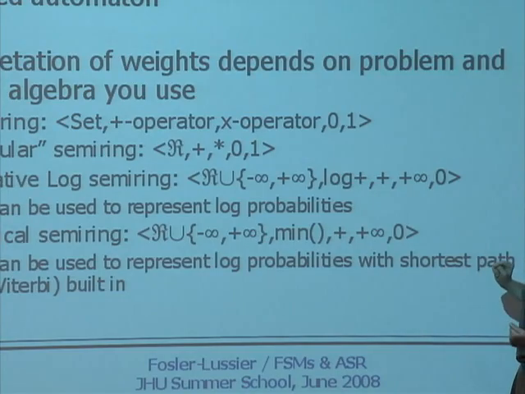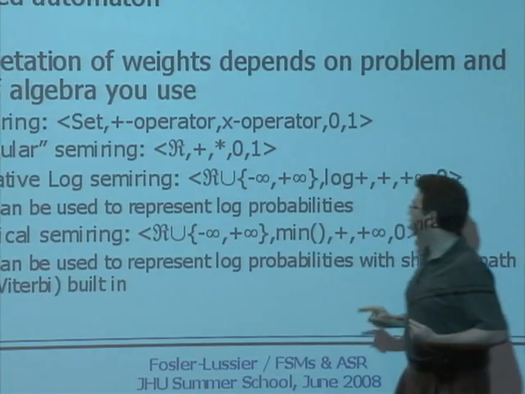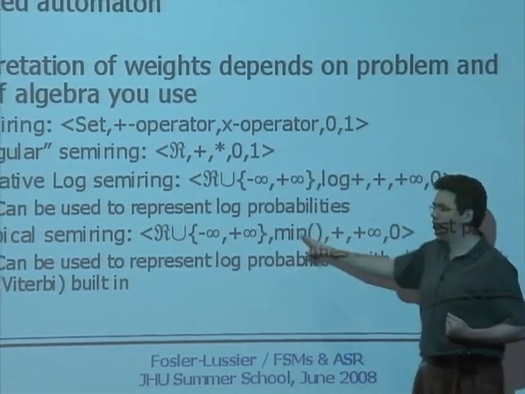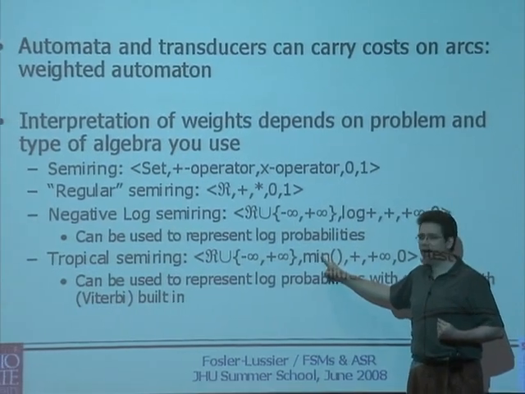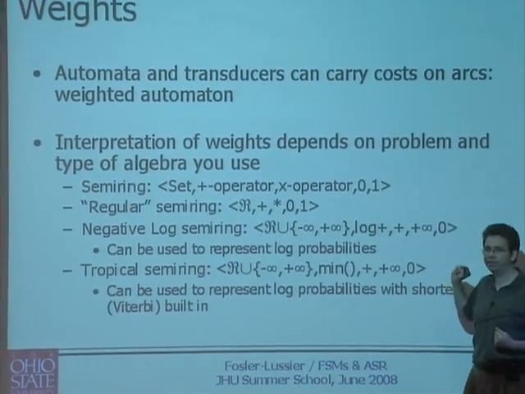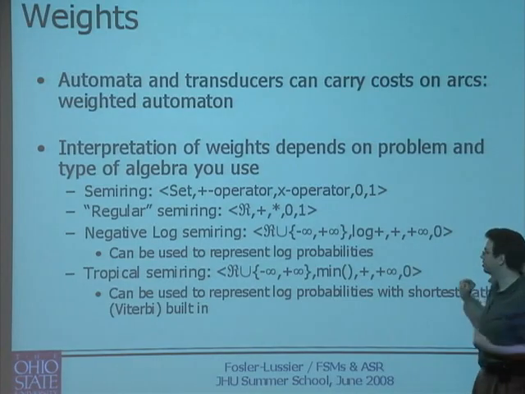Now, A plus positive infinity, where my plus operator is min: the minimum of A and positive infinity is A. Right, okay, good, that works.